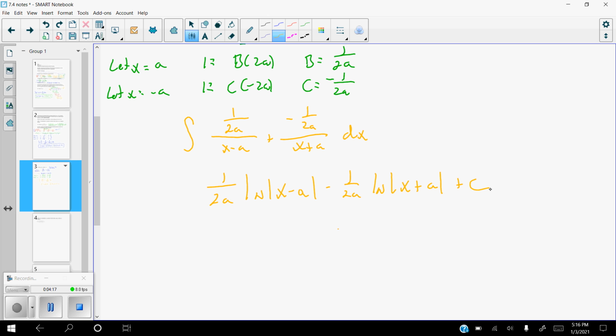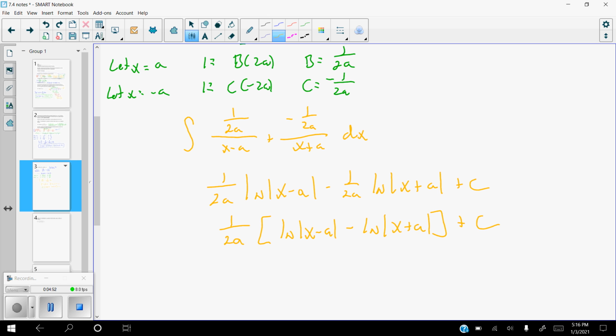As a matter of fact, if this was on some kind of a free response question, that's probably how you would leave it. However, just to make sure, if something like this, which very well could appear on a multiple choice question, shows up, it may not look like this. And the reason for that is, 1, I can factor a 1 over 2a out to the front, which would leave you with the natural log absolute value of x minus a minus the natural log absolute value of x plus a plus c.